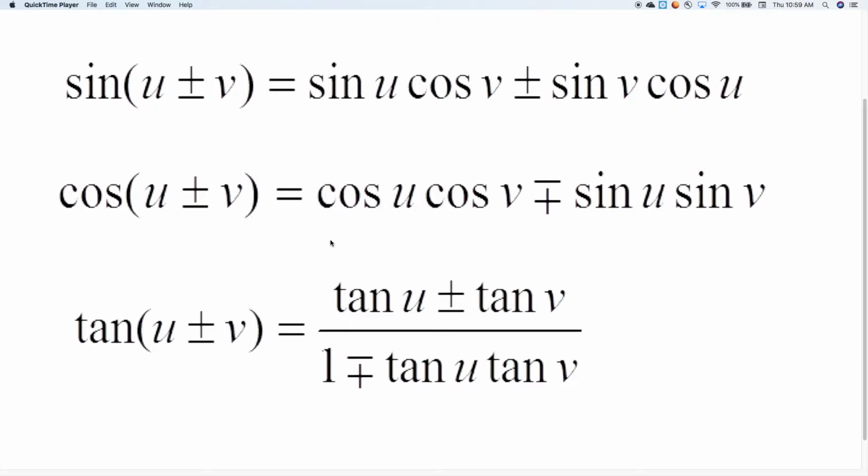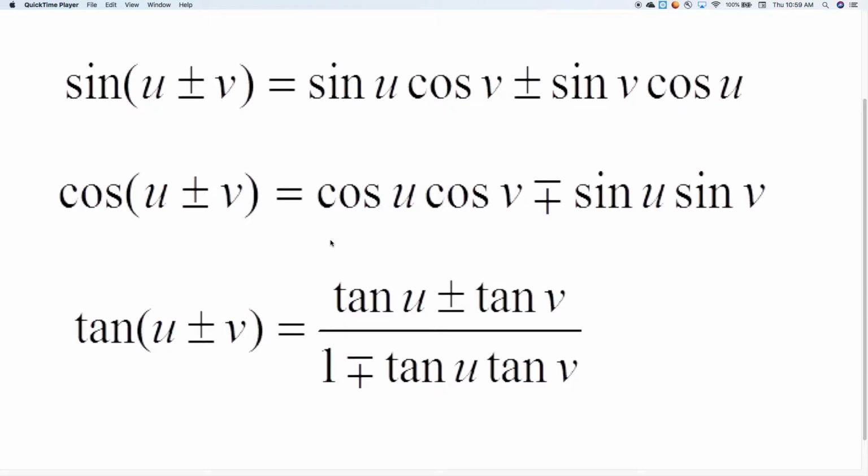It won't be both at the same time. It will just be one of them. So if you're doing the sine of u plus v, then you should use the plus on the other side. If you're doing the sine of u minus v, then you should do minus on the other side.